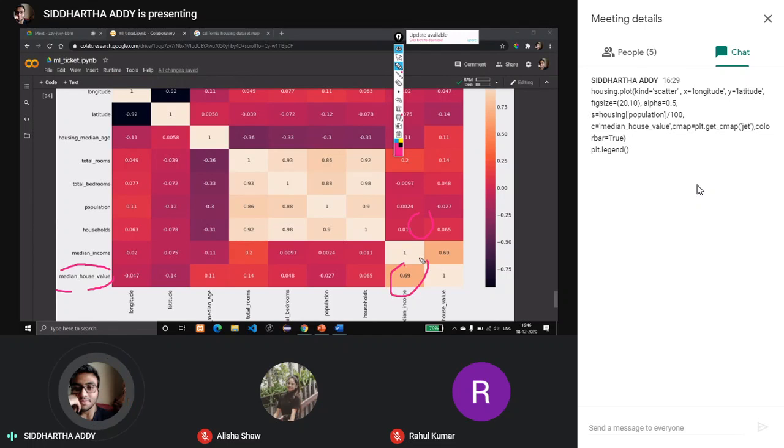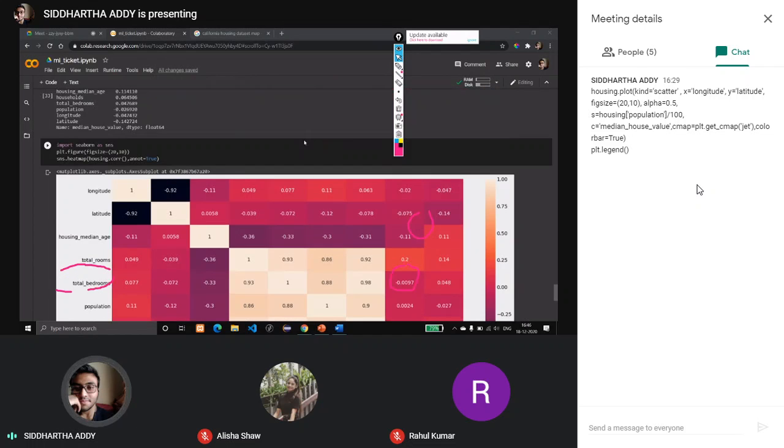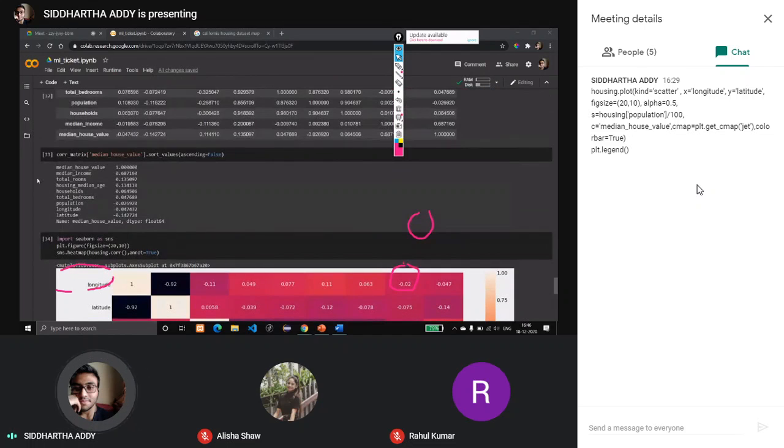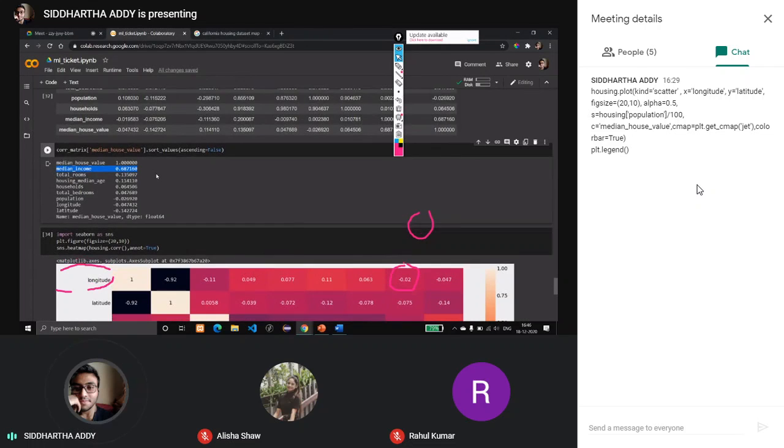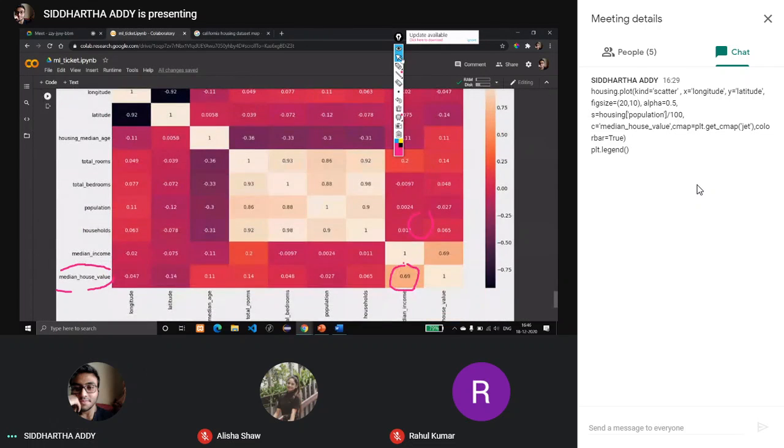So we can say that this data is very positively correlated. Remember that previously, when we were doing this stuff, we also said median income is positively correlated, as we saw here. Now we can see this in here.